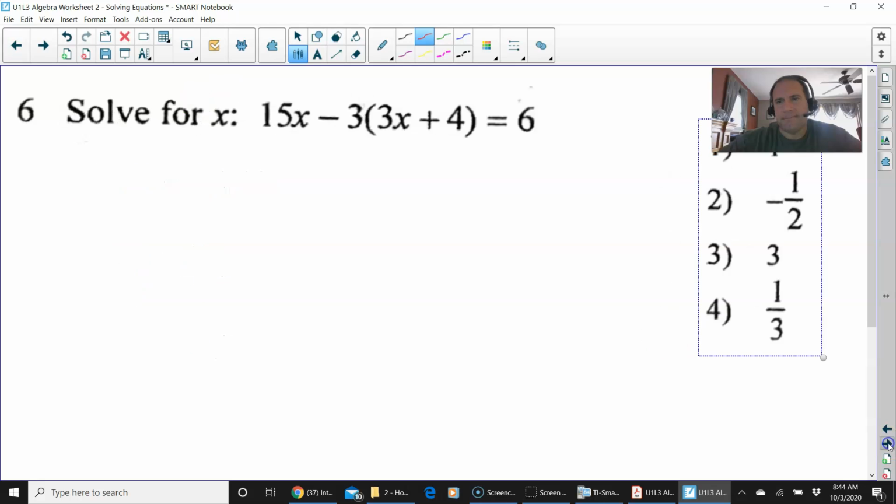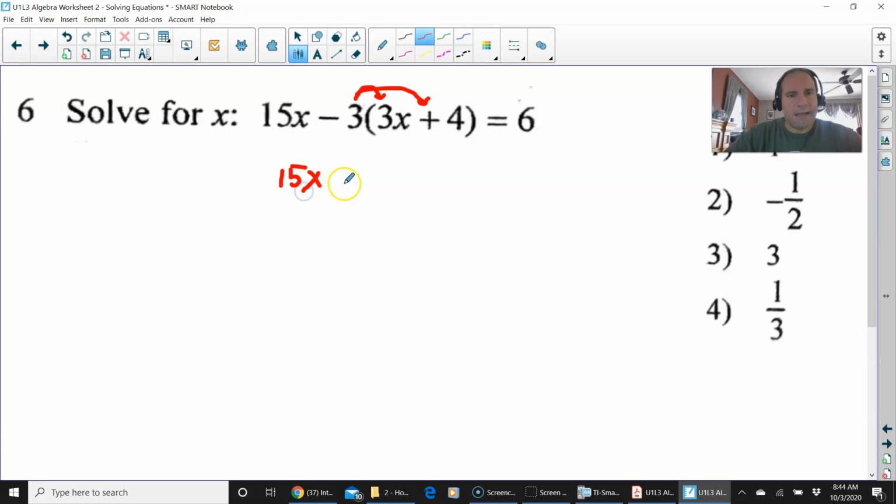All right, so we have number 6, and we do have distributive property, but I want to make sure that you understand that this is a negative 3 that you are distributing, and that makes all the difference. So if we're going to distribute that negative 3, I'm going to just put the 15x down here, and this is negative 3 times a positive 3, that is negative 9x.